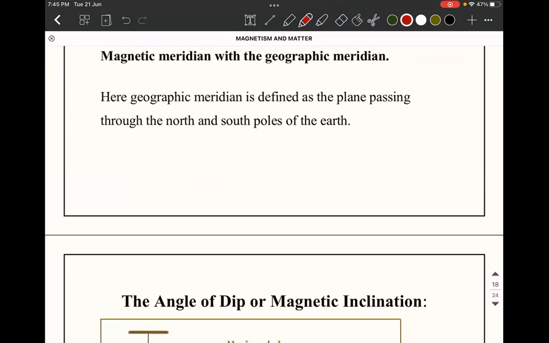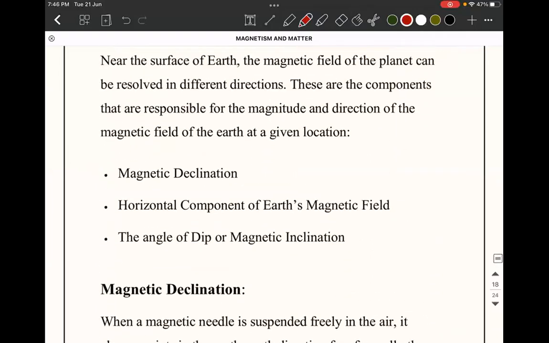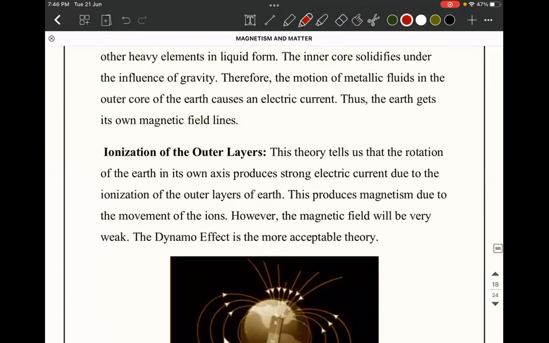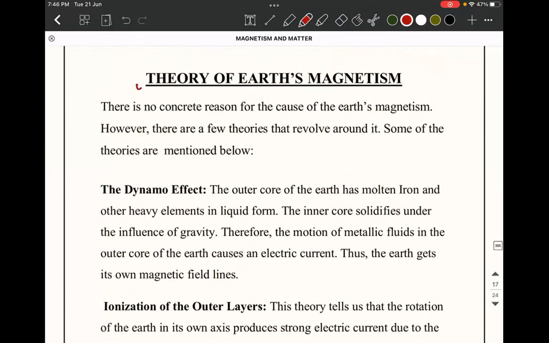Okay, the last concept that is left out is Earth's magnetism. Earth's magnetism is a concept which I'll explain tomorrow, and with that, this chapter is over. So, any other doubt from today's class? No, sir. So I suggest everyone to go through these concepts because it will be confusing in the first part.